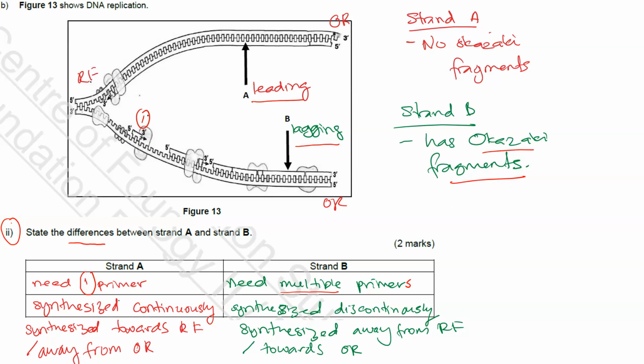The leading strand is synthesized continuously, from the origin of replication towards the replication fork. Or in another way of explaining it, the leading strand is synthesized away from the origin of replication or towards the replication fork.